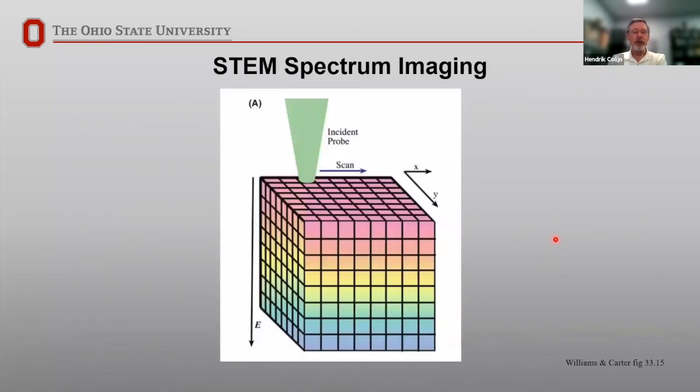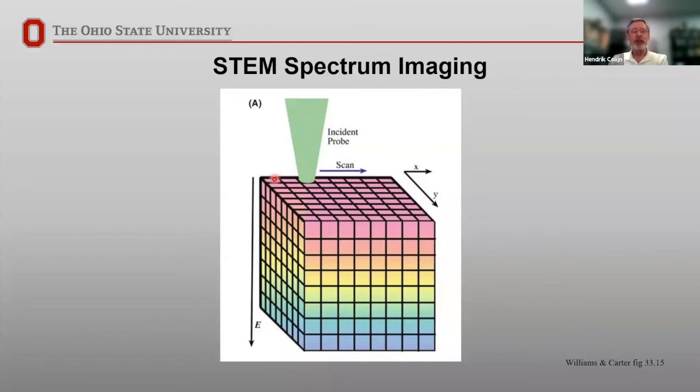Now, these days, pretty much all of our EDX work is being done in the STEM mode, which is scanning transmission electron microscopy. So instead of having a large beam striking our sample, we are going to a fine probe that we raster across the sample. So in a STEM image, we would scan the beam across in an XY direction and record the intensity.